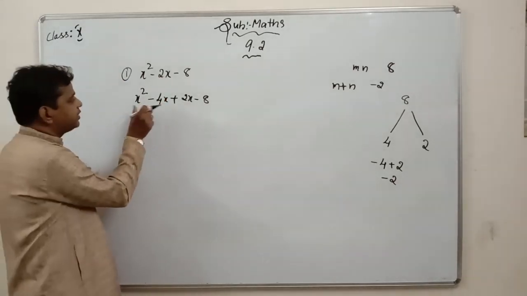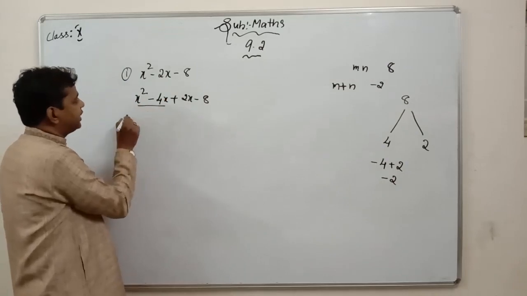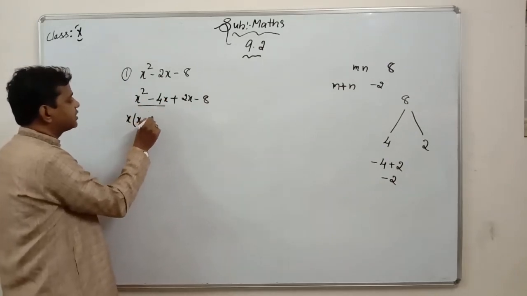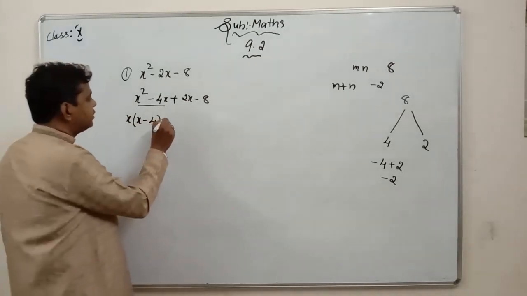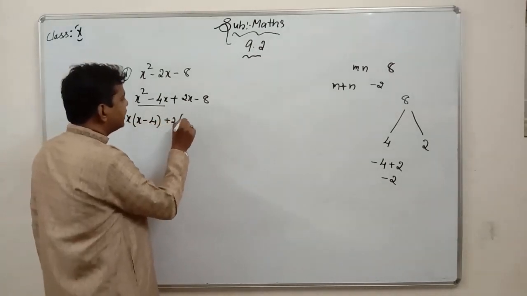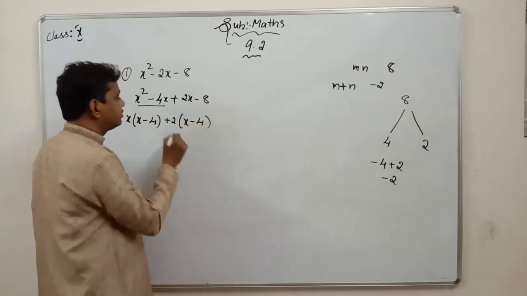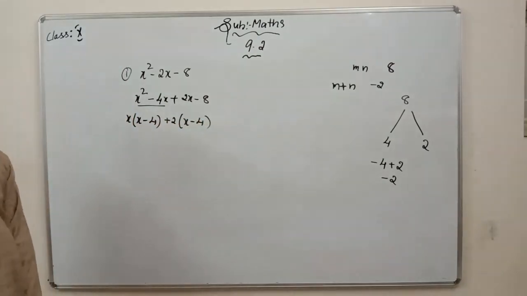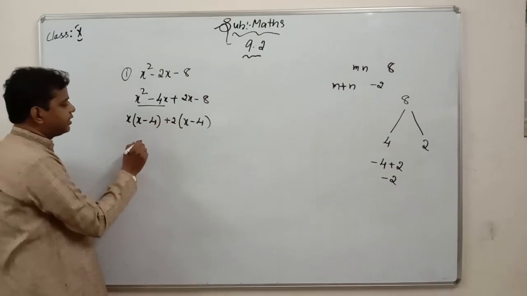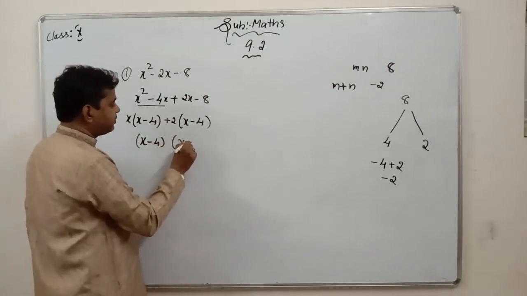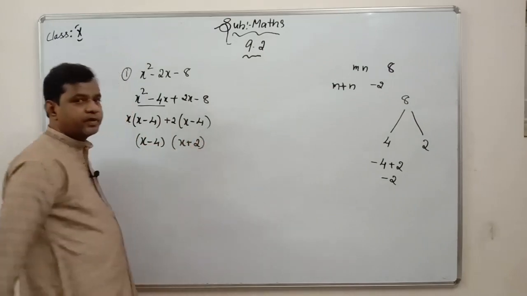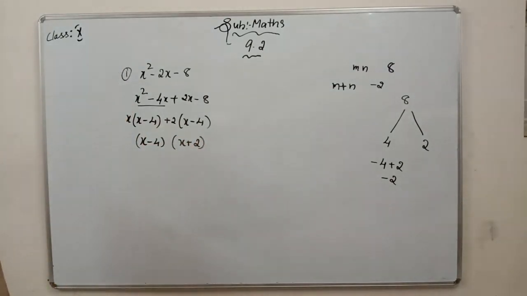So in these two I can take x common, remaining is x minus 4, and here I can take plus 2 common, remaining is x minus 4. 2 4s are 8 you will get there. So in these two which I can take common, remaining is x minus 4 and x plus 2 here. Okay, x minus 4 and x plus 2.